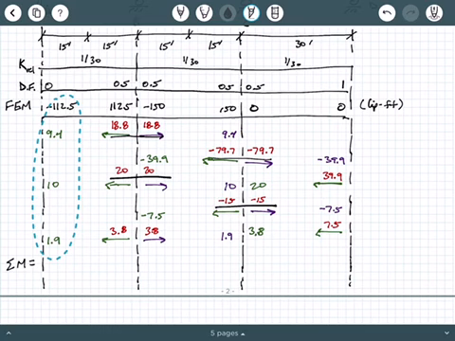Let me add that up one more time. Negative 112.5, plus 9.4, plus 10, plus 1.9. Yeah, I'm getting negative 91.2.